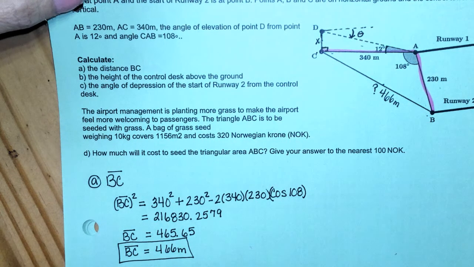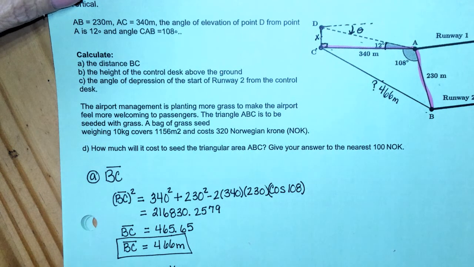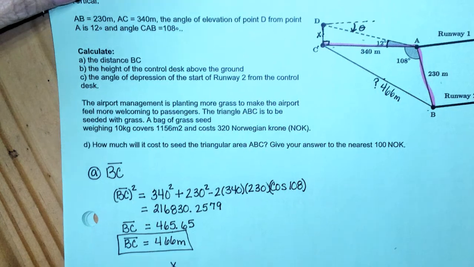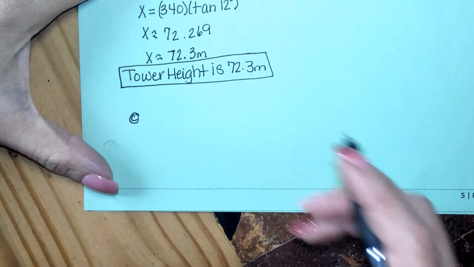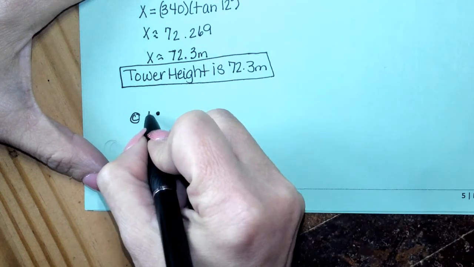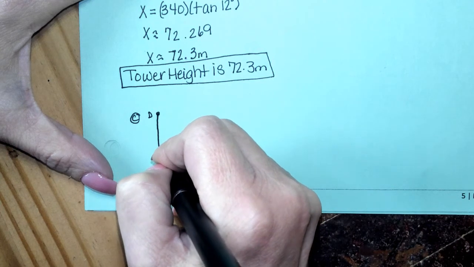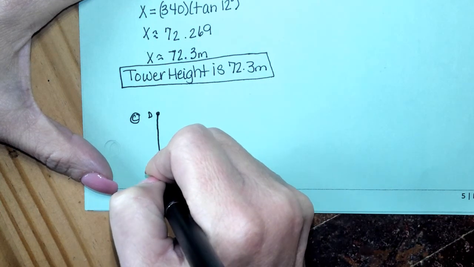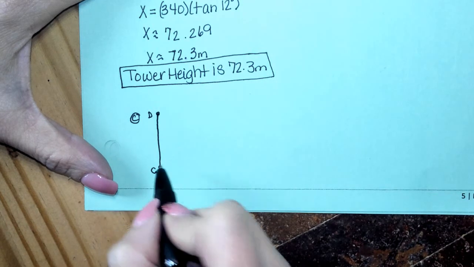Okay, this one's an interesting one. That is a very interesting one to ask. Okay, so I'm going to come down here. I wish I had room to put all of it in here. Our control tower is here. We're going to call that D. All right, so we know that this is C. Now, this is on the ground.